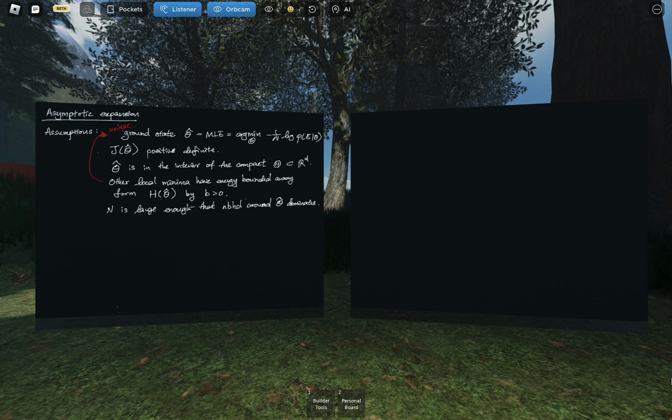Well, this is a very poorly worded sentence that I wrote, but it essentially means we are talking about the asymptotic regime, and n is large enough that, recall, any state that is away from the ground state has probability equal to e to the negative n times the difference in energy, which means that anything far away from it is going to be exponentially decreasing.